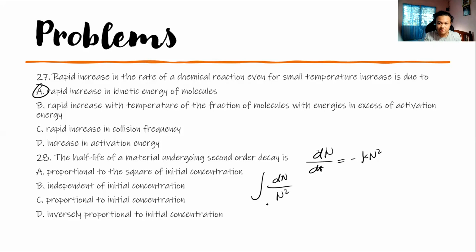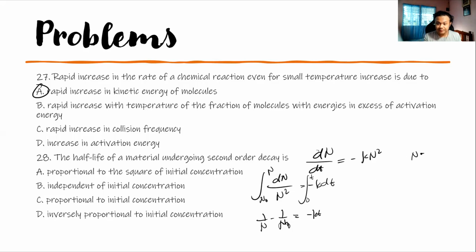This is variable separable, so dN over N squared equals negative k dt. Integrate that from 0 to t. You have 1 over N minus 1 over N0 equals kt after you integrate.